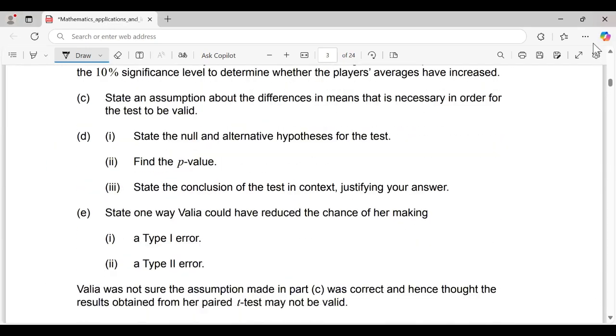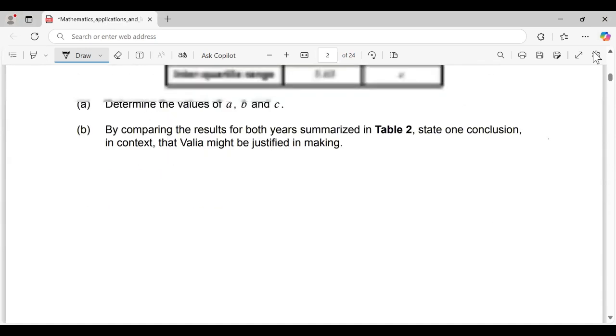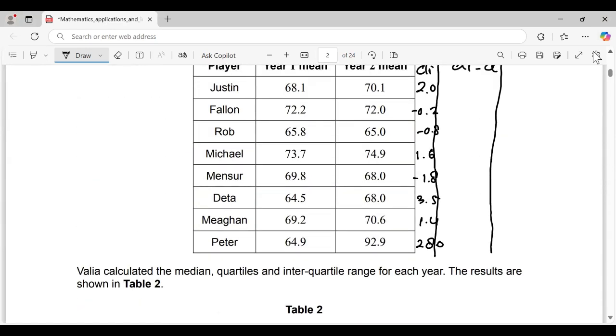Mean of D. Sorry, but the mean of D is this number plus this number plus this number and plus 28. It is 33.7.